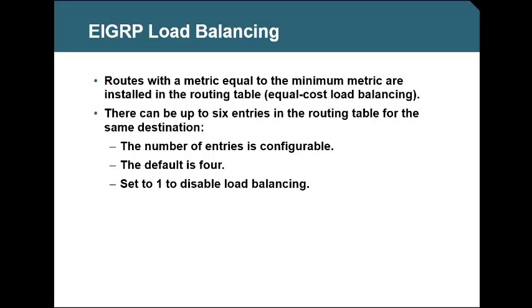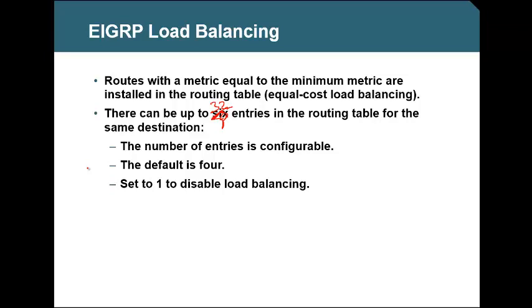But if you wish to increase it, you can increase it up to 32. You can have up to 32 entries in the routing table for the same destination. By default 4, you can increase up to 32 in the newer versions.